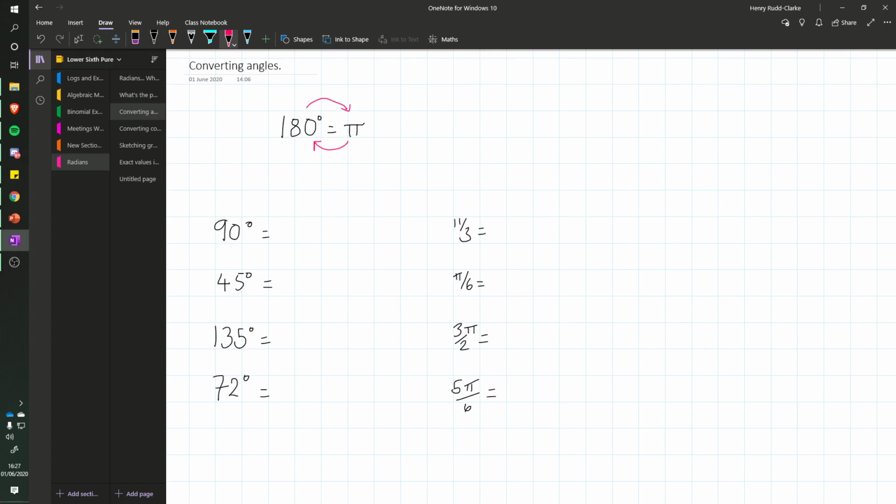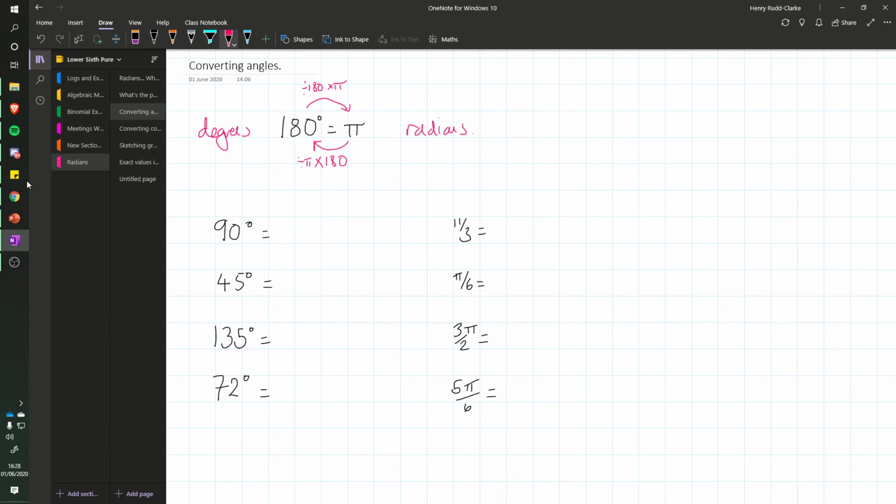If I want to go from 180 and turn it into pi, I can divide by 180, because 180 divided by 180 is 1, and then times by pi. In the opposite direction, I can divide by pi and times by 180. That's a little formula that will take you between the two. This is converting from degrees to radians, because the important equivalence we can use is that 180 is equal to pi.